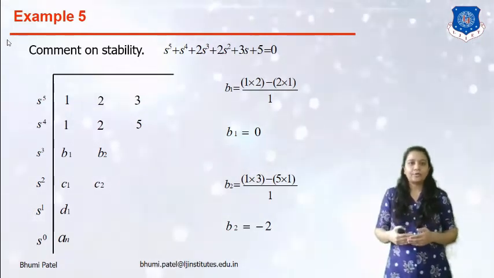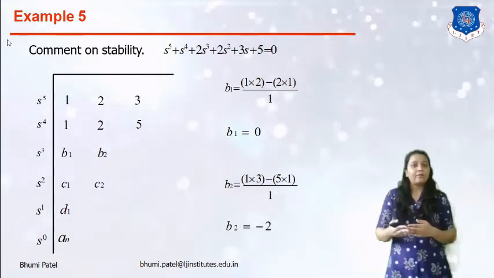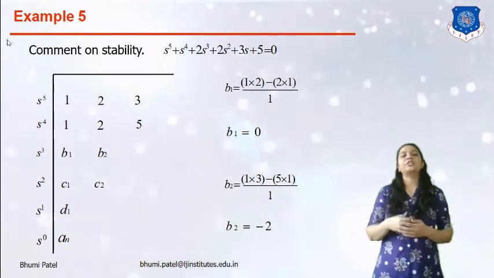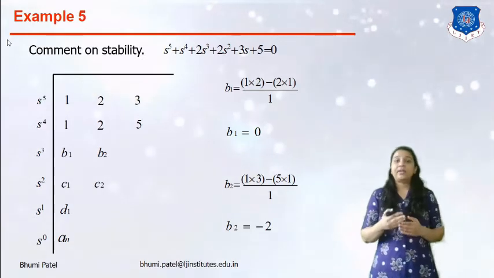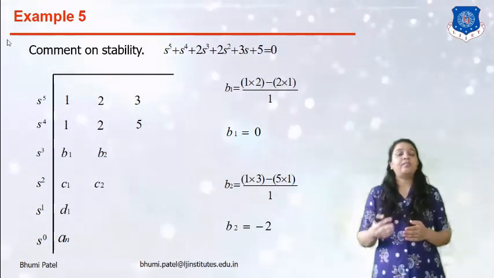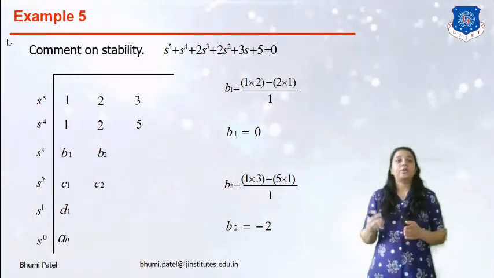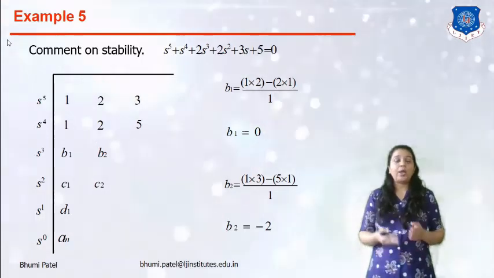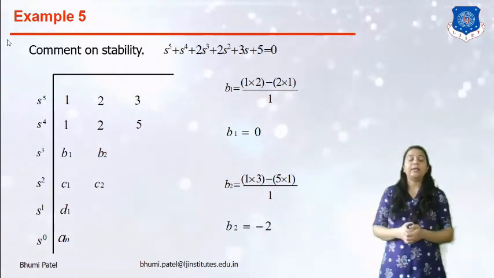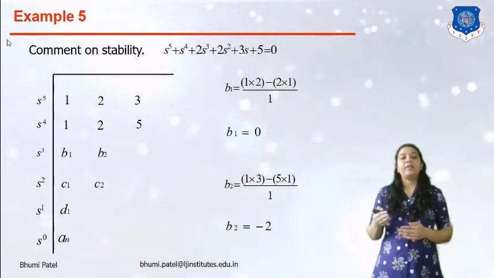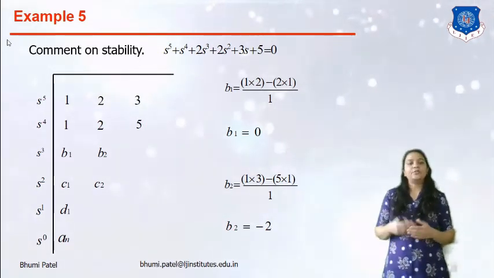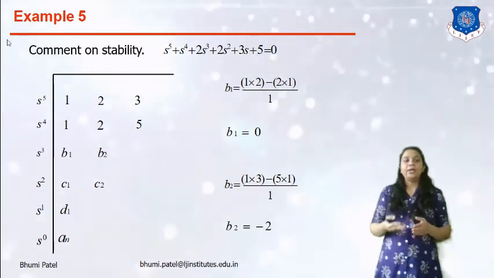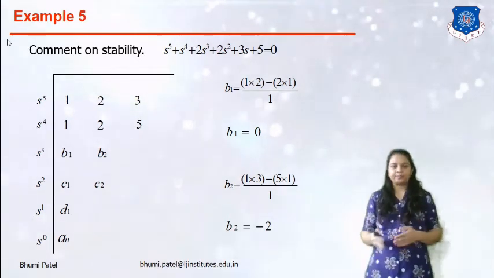In the next row, s^4, we first write the coefficient of s^4, which is 1. We skip the s^3 term and write the coefficient of s^2, which is 2. Then we skip the 3s term and write the next coefficient, which is 5. So the next row is 1, 2 and 5.